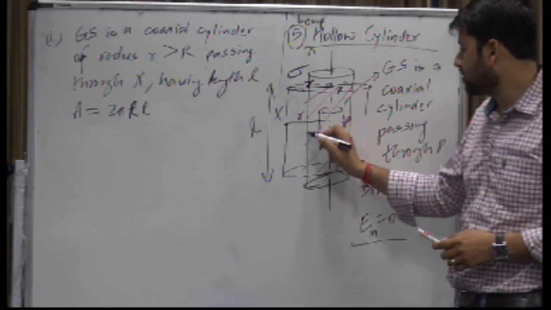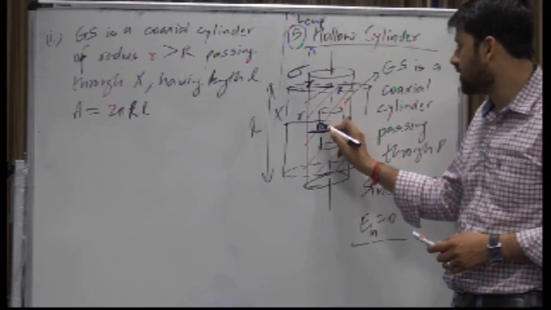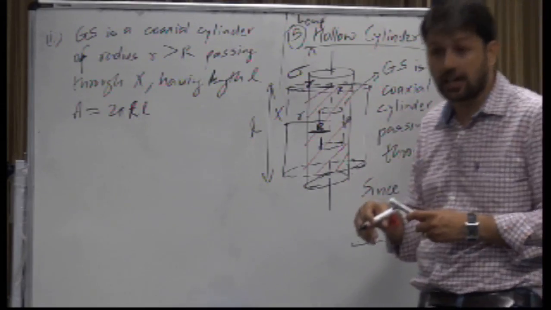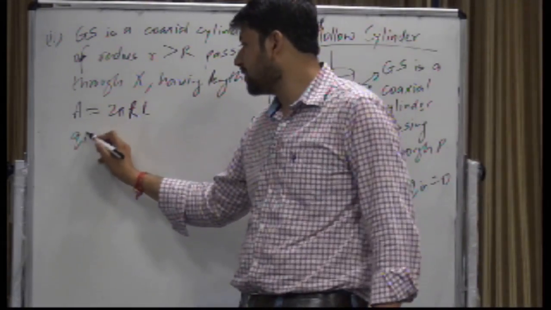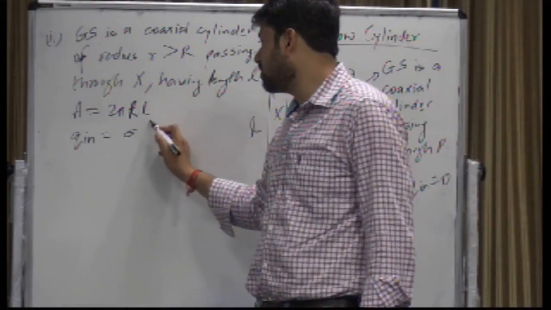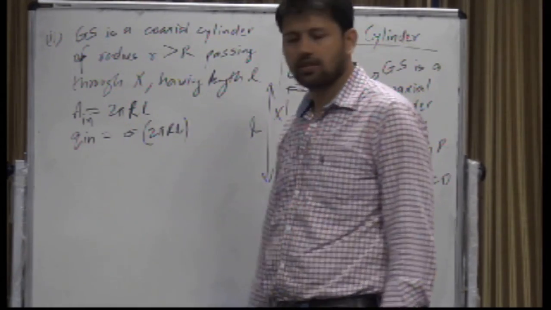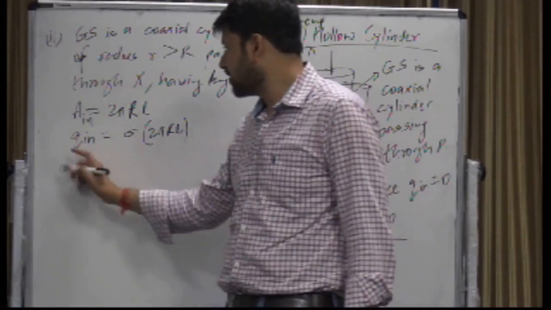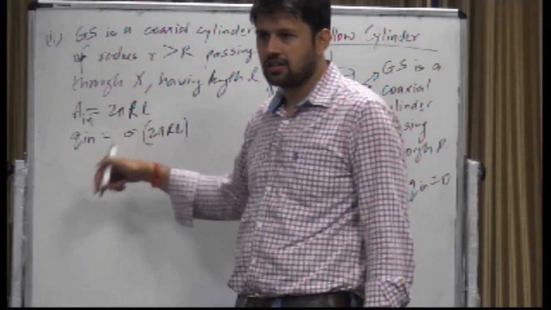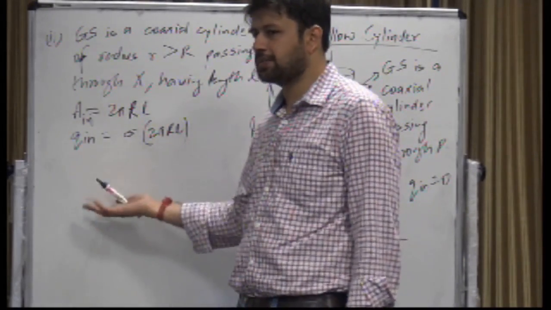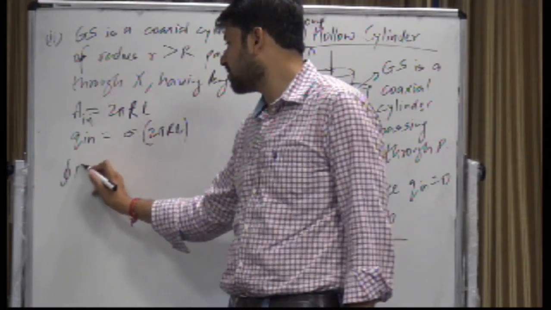You need to consider the area of the original cylinder to find the charge. So the charge inside is how much? Sigma into area inside, right? Okay, this forms your LHS along with the epsilon naught. RHS is this.